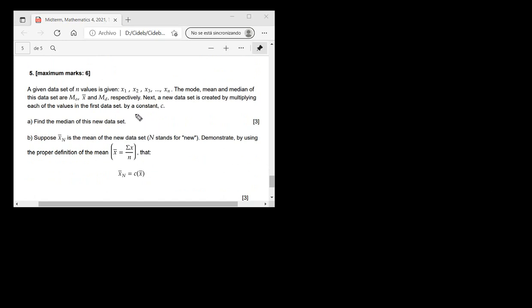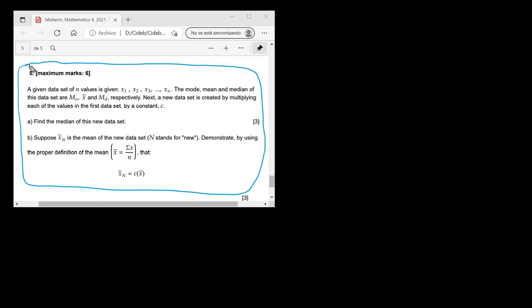For this one, finding the median, it is pretty much the same as the one that appears on type A, although here it's multiplication and on type A it was addition.